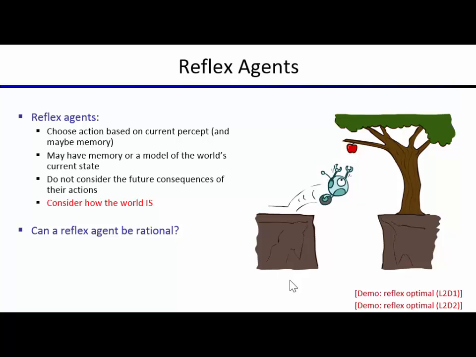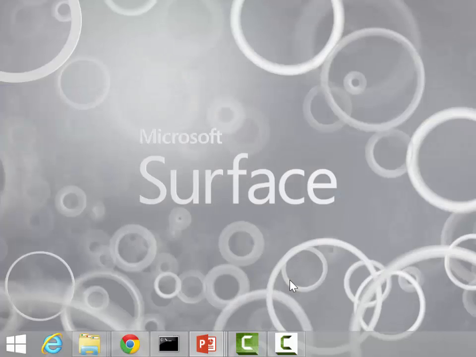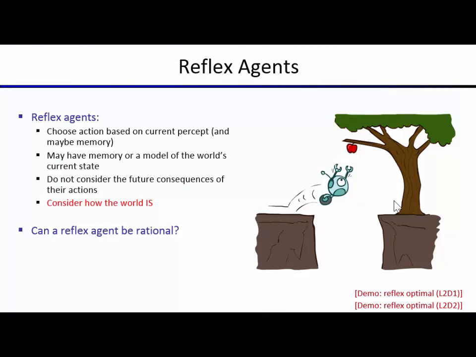Okay, let's take a look at some demonstrations of reflex agents in action. So, here, the first one we'll look at, see if I can get it up there.